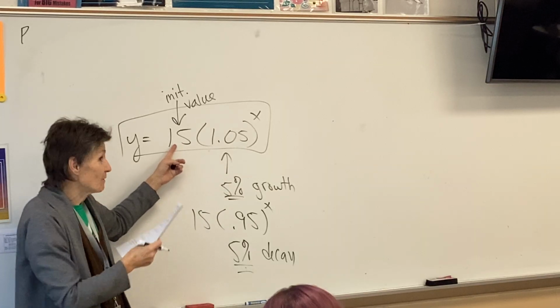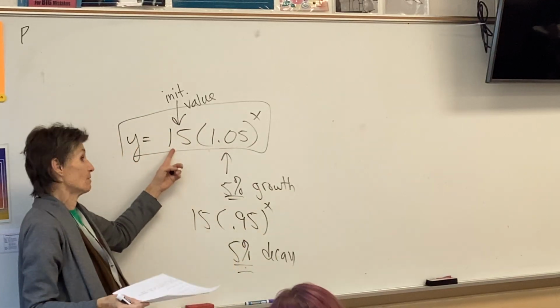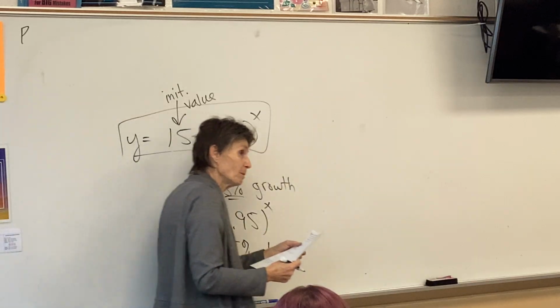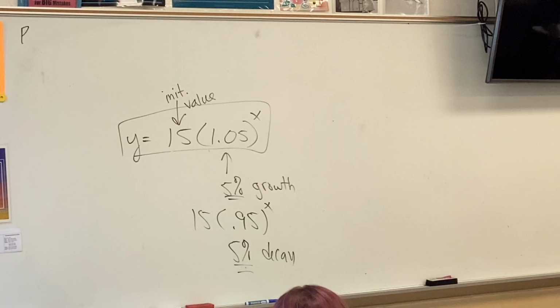So I started with $15, 15 people, 15 bacteria. I don't know, but this is what I started with. So when I look at problem A, my initial value is 3. When I look at question B, my initial value is 1/2. And D is 100. And F is 3.6. Okay?